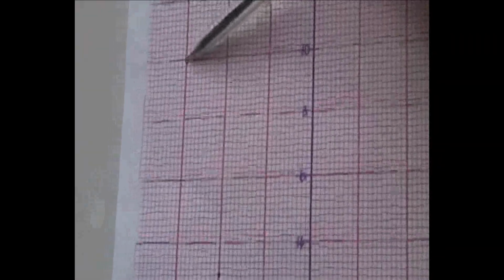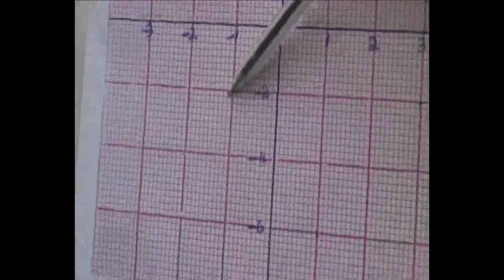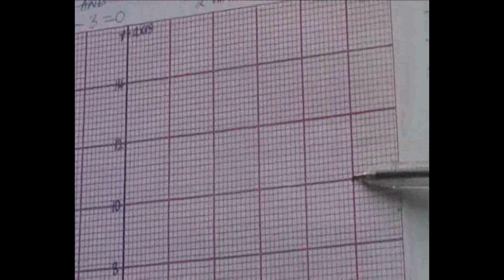You can see that we have finished plotting the quadratic curve. 1, 2, 3, 4, 5, 6, 7, 8, 9, and it corresponds with the 9 values of x and y.